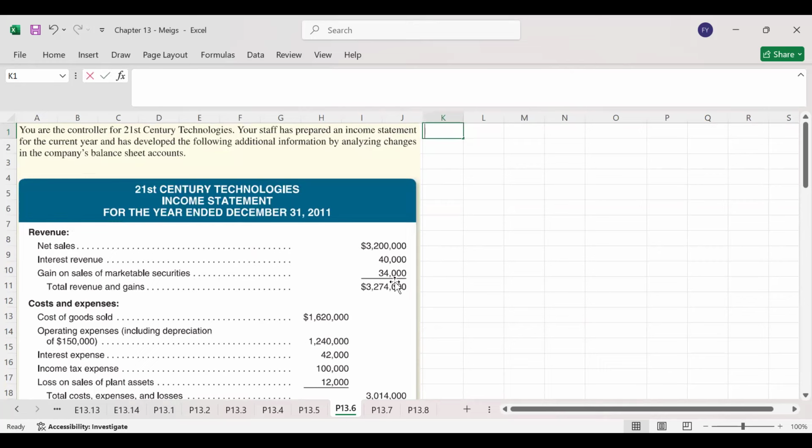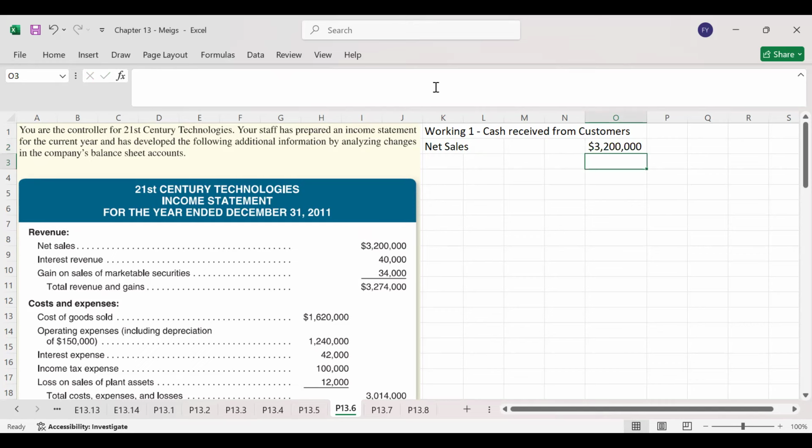Working one is total cash received from customers. First of all, we have credit sales. Credit sales are our starting point for cash receipts from customers. Total net sales is $3.2 million.